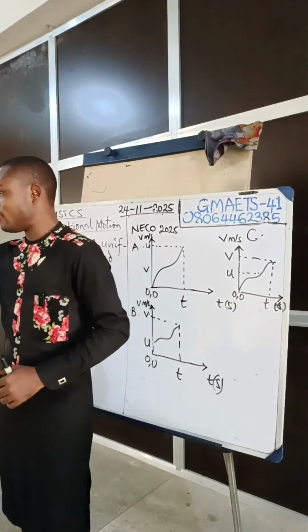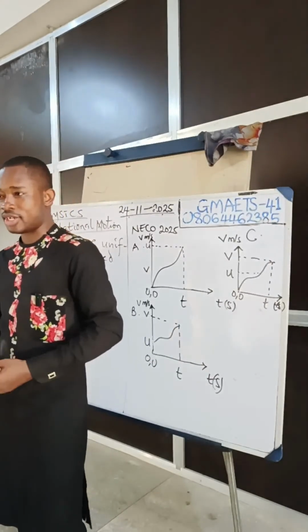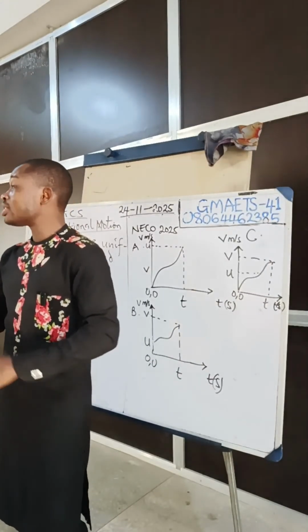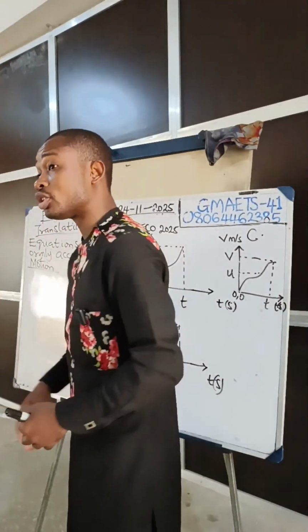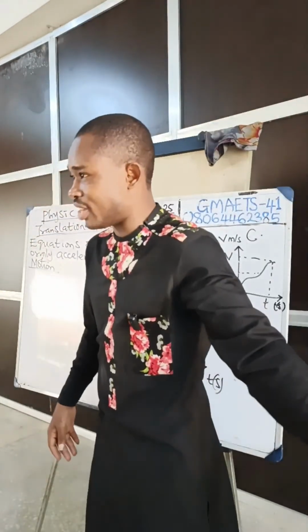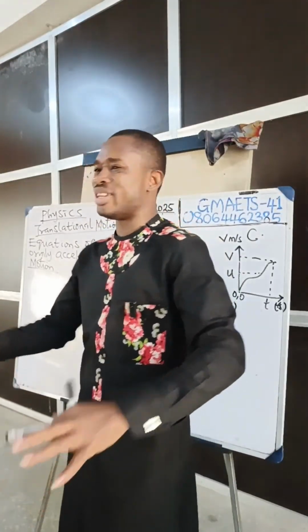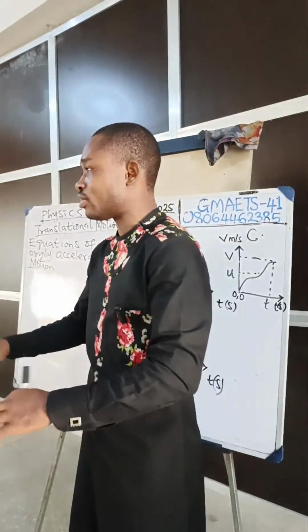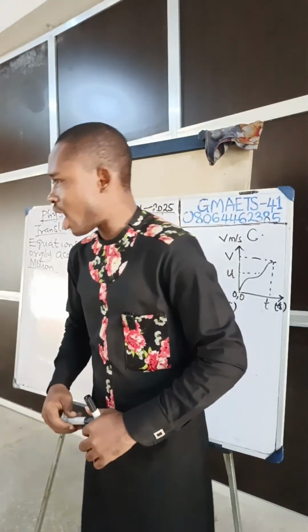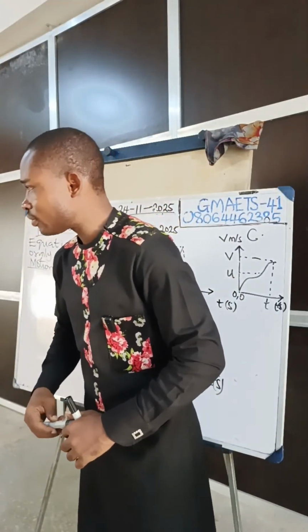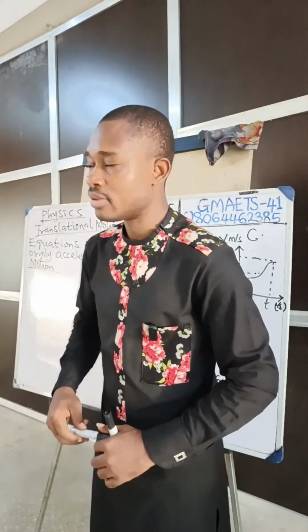You differentiate velocity with respect to time. But at this level, we are not going to talk about that. We don't go deep. Whenever you're dealing with this part of equations of motion, you are not bringing in calculus. You don't differentiate between instantaneous values and average values. Simply use a constant value for them. Are we getting the point? Good.